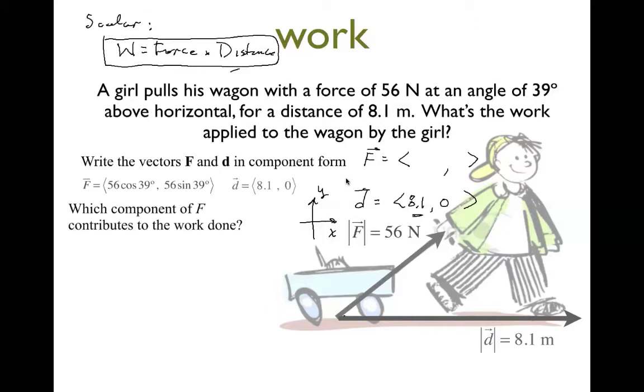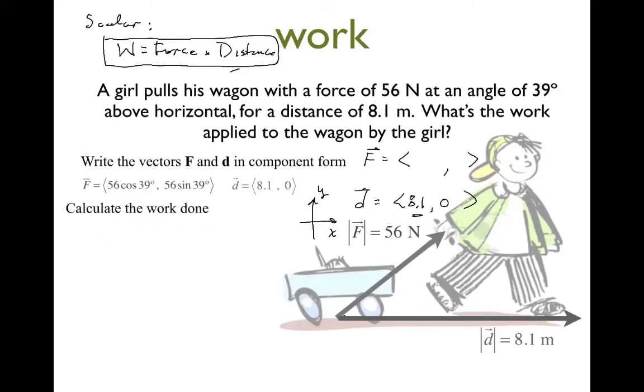And so then we ask what component of the force contributes to the work? The X, the Y, or both? Just the X, because the wagon is only displacing in the X direction. So the amount that she pulls up has no contribution to moving this thing horizontally. Only the horizontal component is contributing here to the work that she does on the wagon.